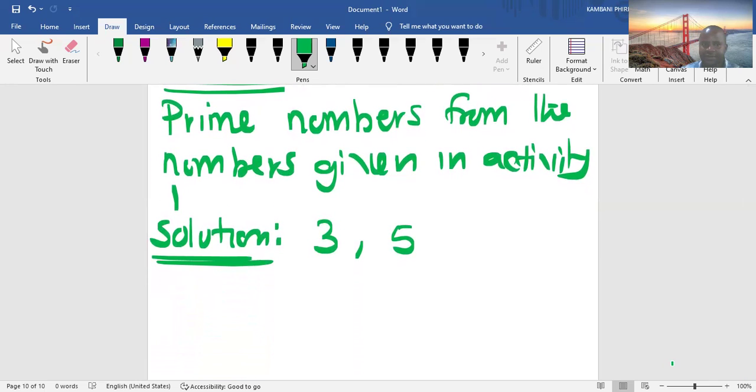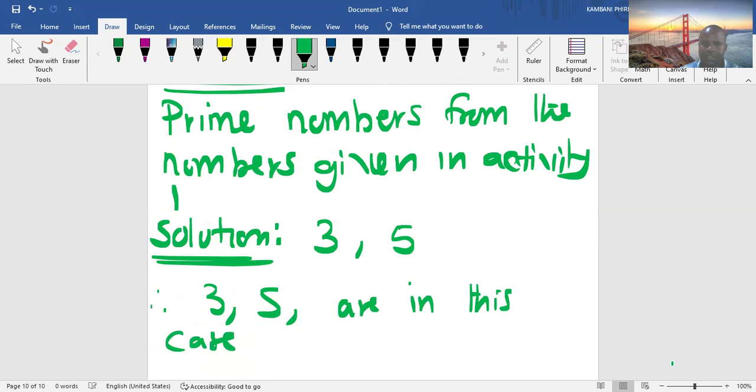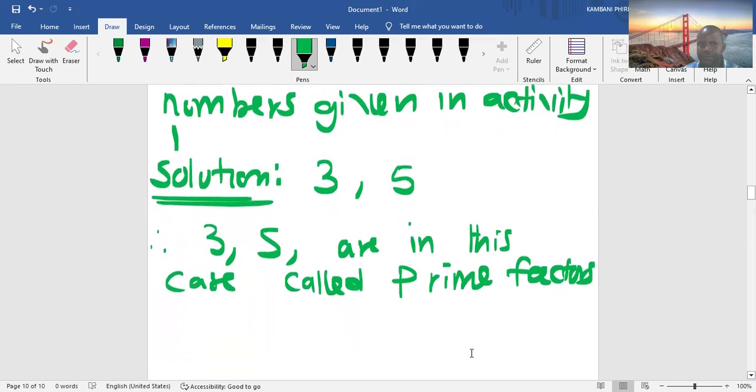Therefore, 3 and 5 are, in this case, called prime factors of 15. Okay, so that's what we mean.